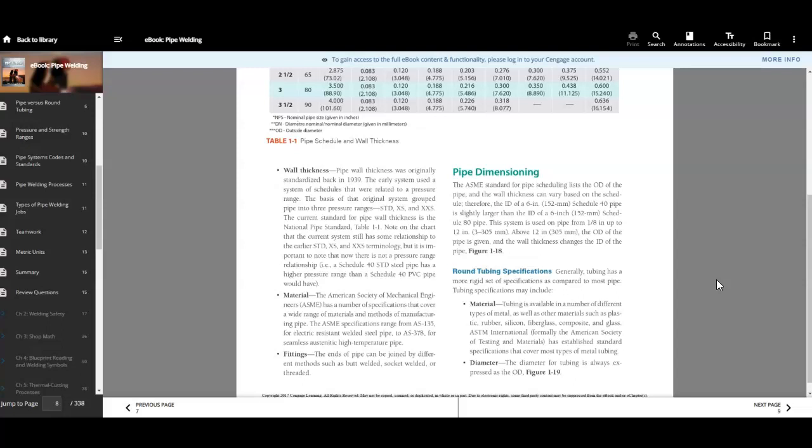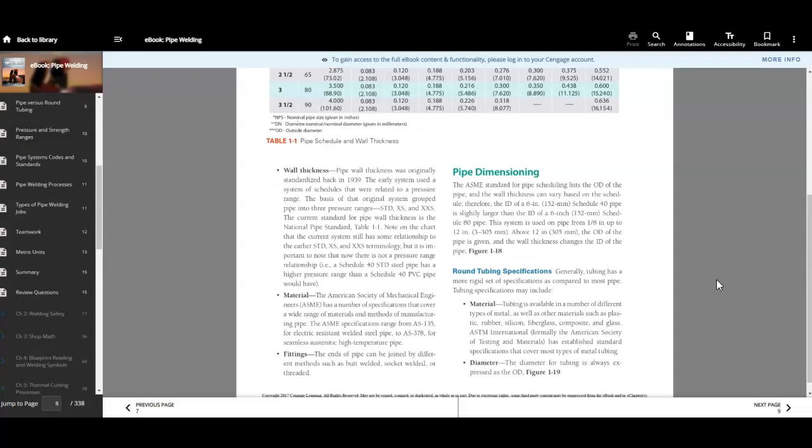Pipe wall thickness was originally standardized back in 1939. The early system used a system of schedules that were related to a pressure range. The basis of that original system grouped pipe into three pressure ranges: standard, extra strong, and double extra strong. The current standard for pipe wall thickness is the National Pipe Standard, Table 1-1.